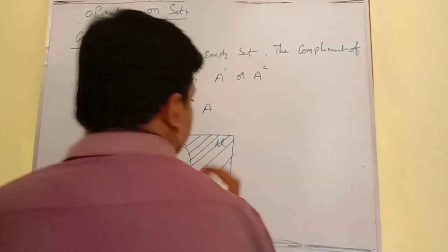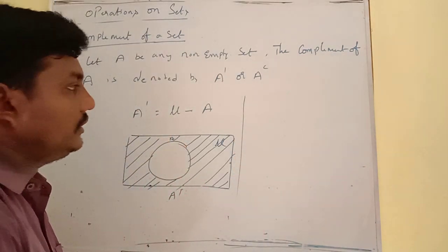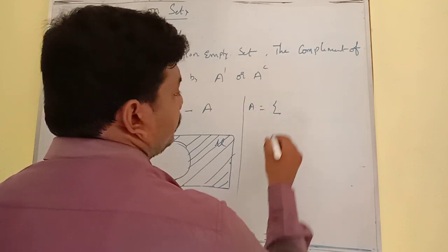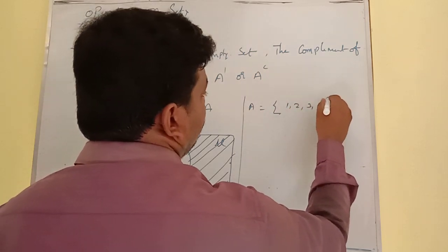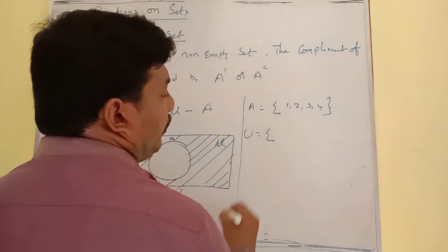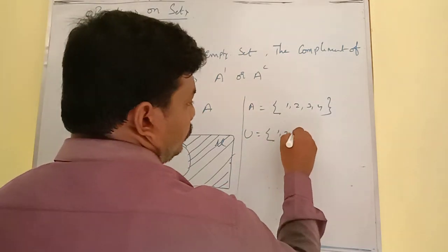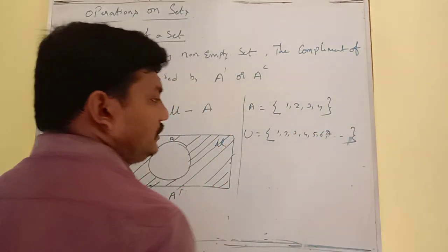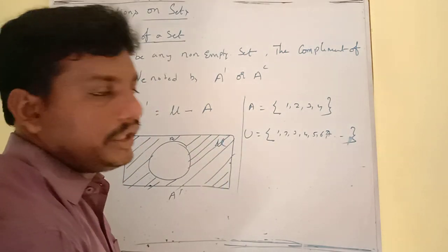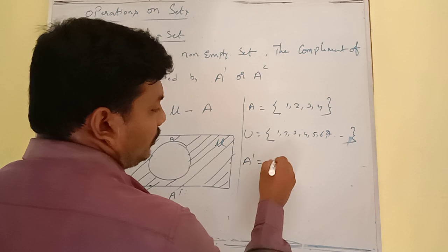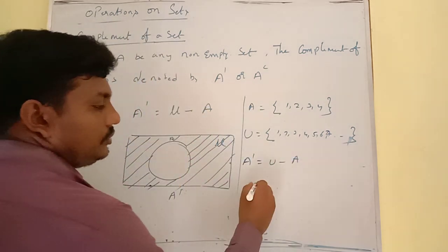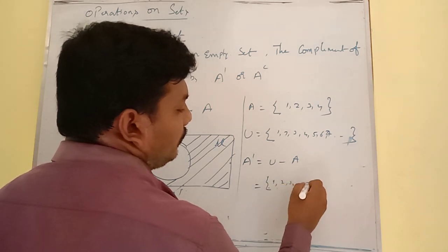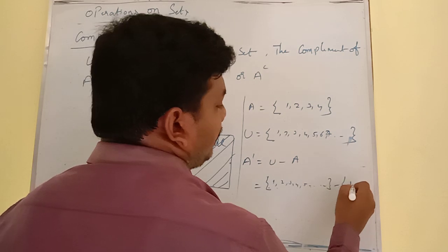So how do we find mu minus A values? Let A be the set of 1, 2, 3, 4, and U be the set of all natural numbers: 1, 2, 3, 4, 5, 6, 7 and so on. Then A dash can be represented as U minus A. U is all the natural numbers 1, 2, 3, 4, 5 and so on, minus A, which is 1, 2, 3, 4.